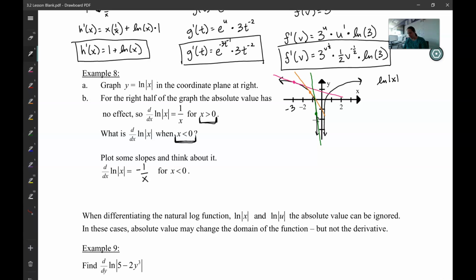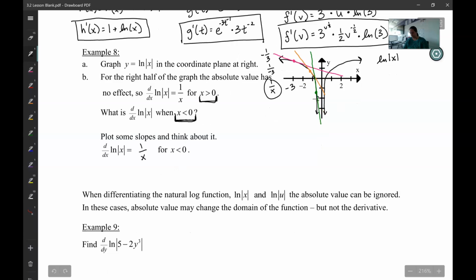The slope of that would be -1/3, or 1 over -3, which is still 1 over x. So the derivative of ln of absolute value of x is 1 over x for the left side and the right side. Doesn't matter what side you're talking about, the derivative is still the same.